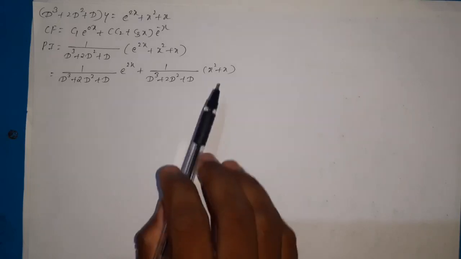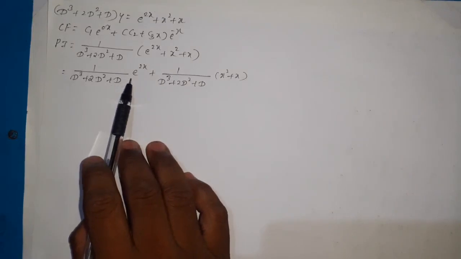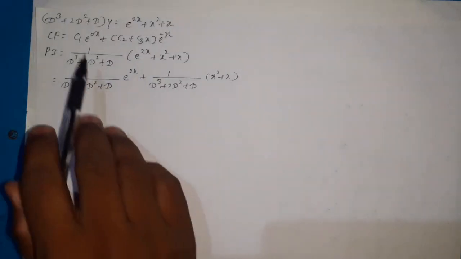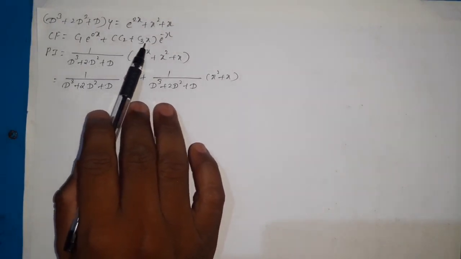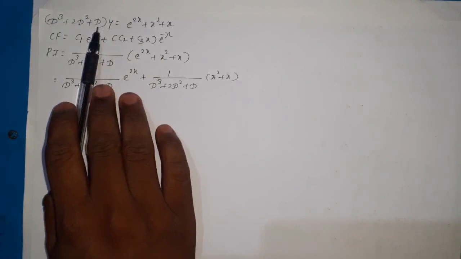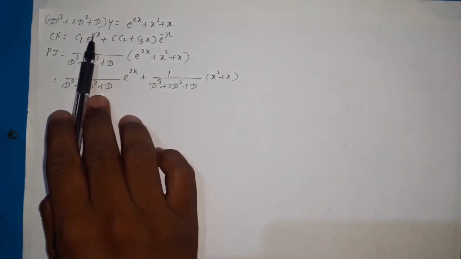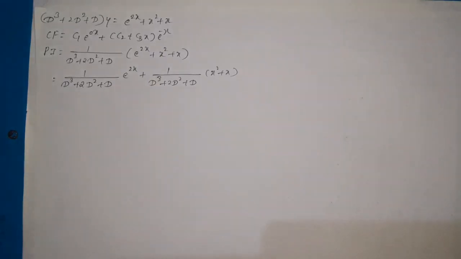So therefore I have collected that one side and remaining e power 2x other one. So the complementary function is c1 e power 0x plus c2 plus c3x e power minus x. So therefore for this equation there are 3 roots, one is 0 and remaining 2 are minus 1 and minus 1. And the particular integral is 1 divided by d cube plus 2d square plus d into e power 2x plus x square plus x.